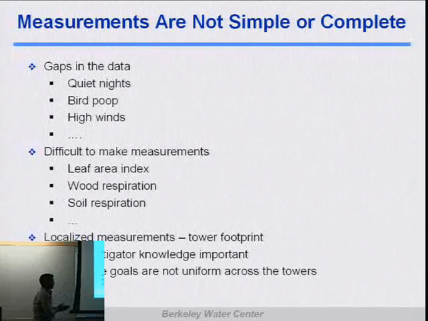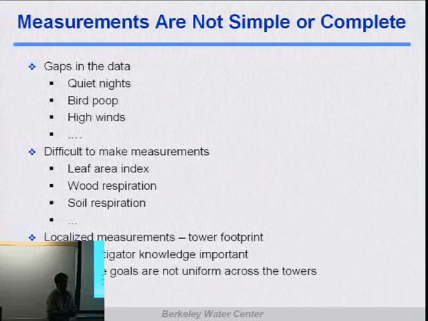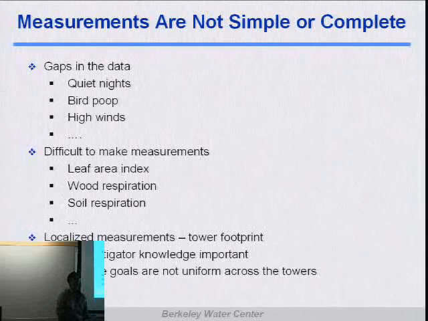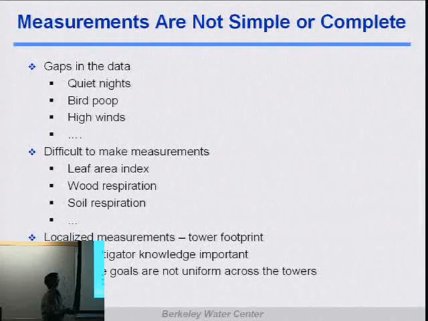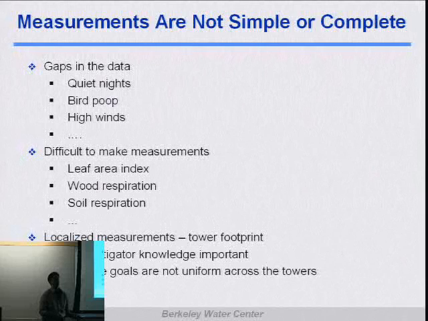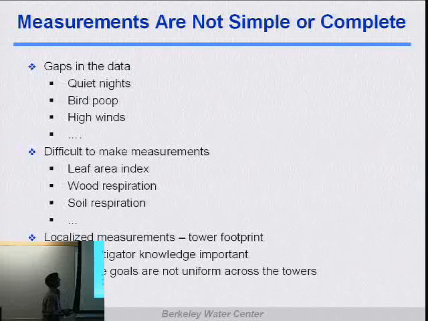There are also many measurements they need for these equations that are exceedingly hard to make, right? So leaf area index is basically a measure of exactly how much leaf area is in this area. Well, the easiest way to measure it is to chop down the tree and measure every leaf. Not exactly a straightforward or renewable method, so you want to avoid that.